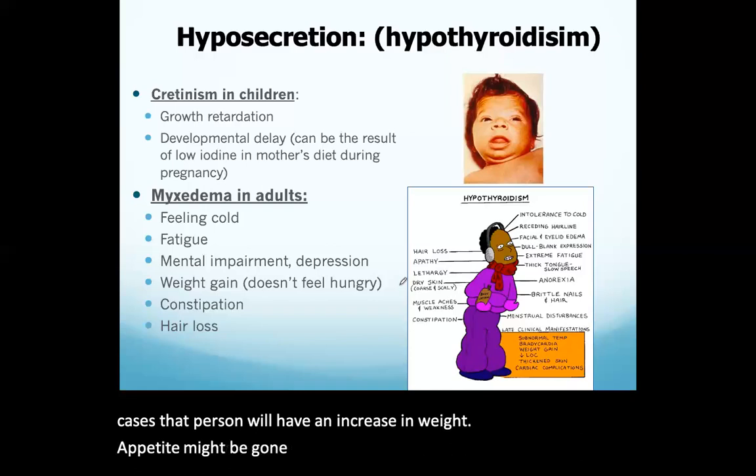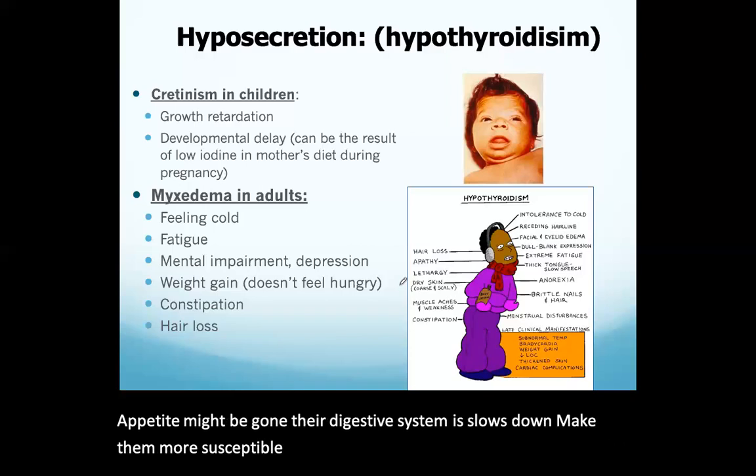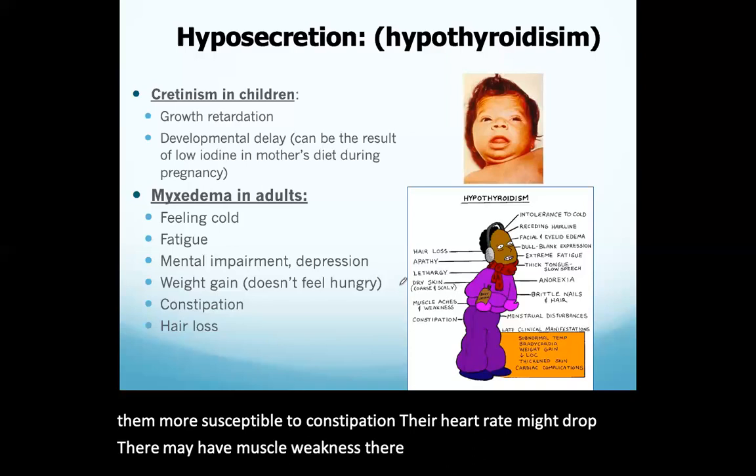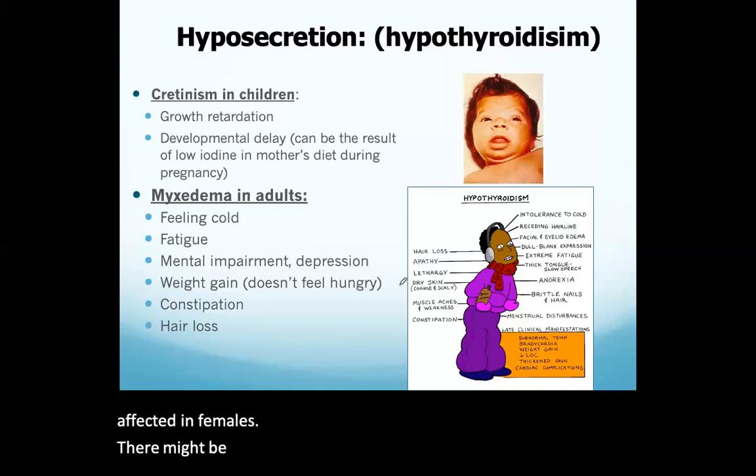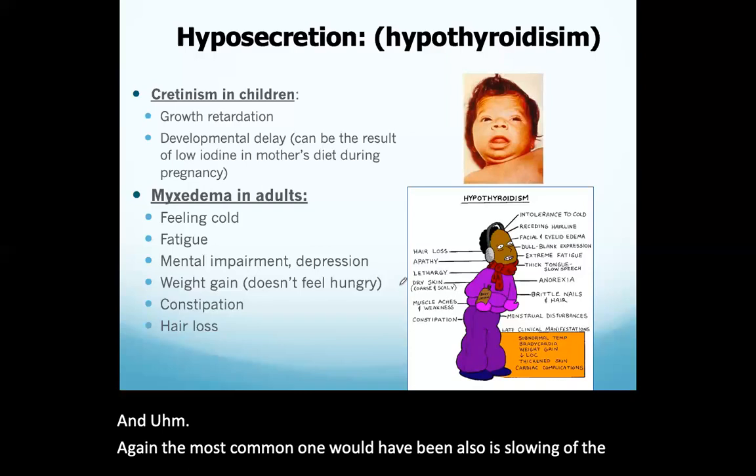Their digestive system slows down, making them more susceptible to constipation. Their heart rate might drop. They may have muscle weakness. Again, their menstrual cycle might be affected in females. There might be a decrease in their body hair. And again, the most common one would be a slowing of the heart, or bradycardia.